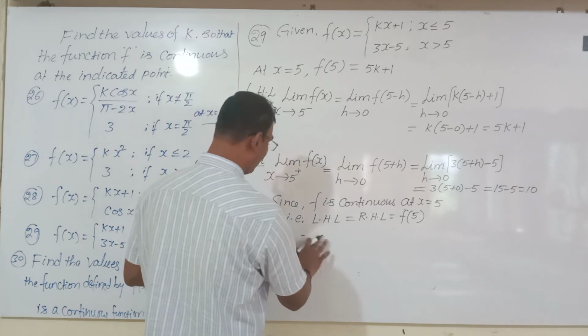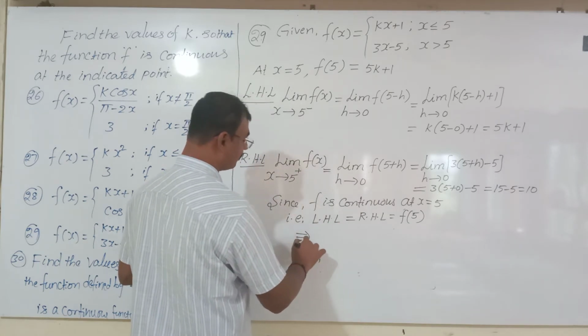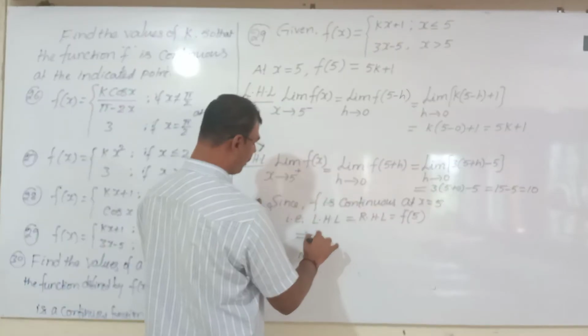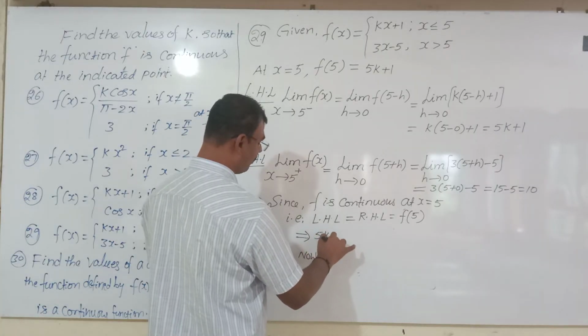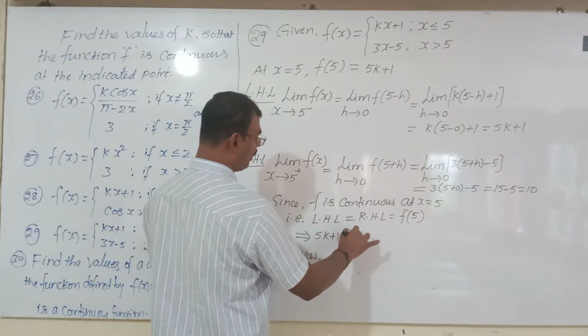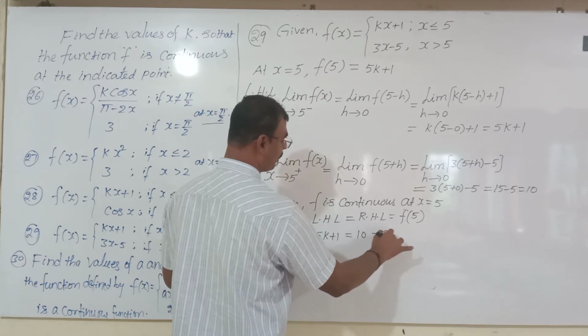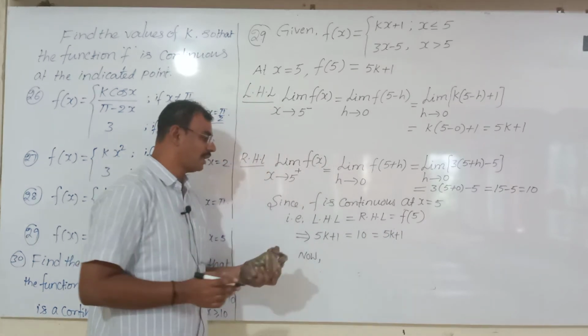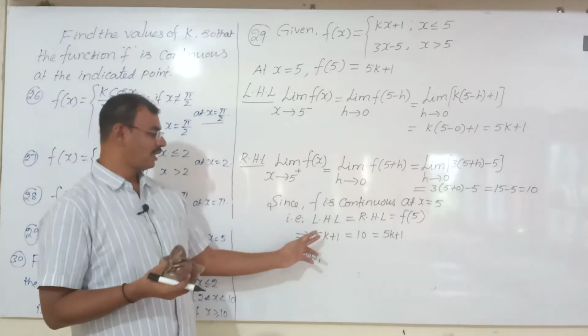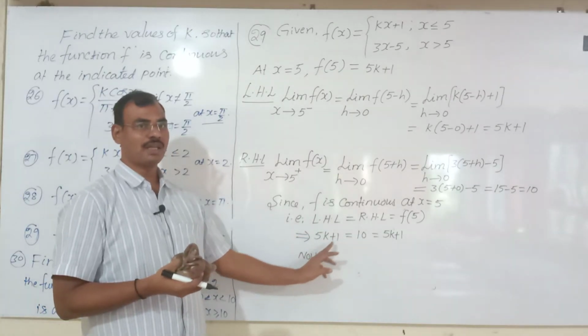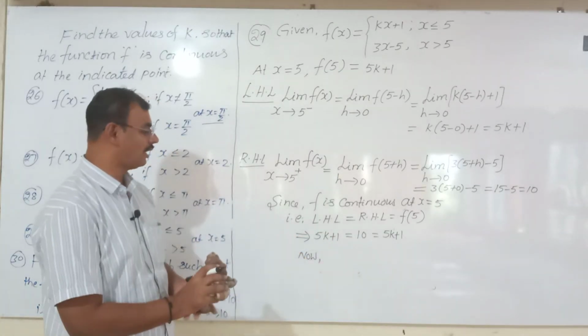Now find the k value using this condition. Left hand limit is 5k plus 1, right hand limit is 10, and f of 5 is 5k plus 1. Using any two terms we have to find the k value.